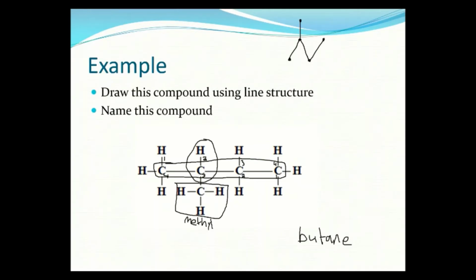What we can do is 2, or we can do it as 3. Well, 2 is a lower number, and that's what we want to use. So this is 2-methyl. So to name this, we would just add that 2-methyl. And I want to put a dash between numbers and words and no spaces in between. And the name of this is 2-methylbutane.